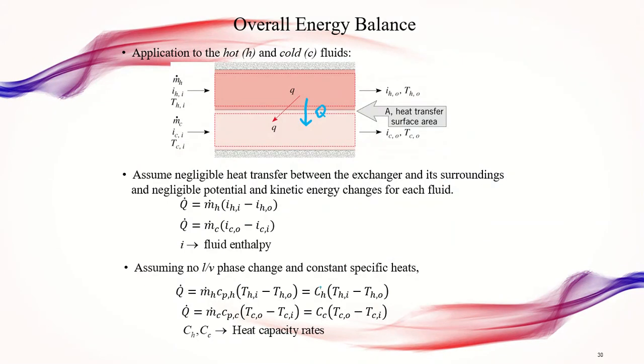So this C is actually the heat capacity rate. So the value of the rate of heat transfer is the same for the hot and also the cold side.